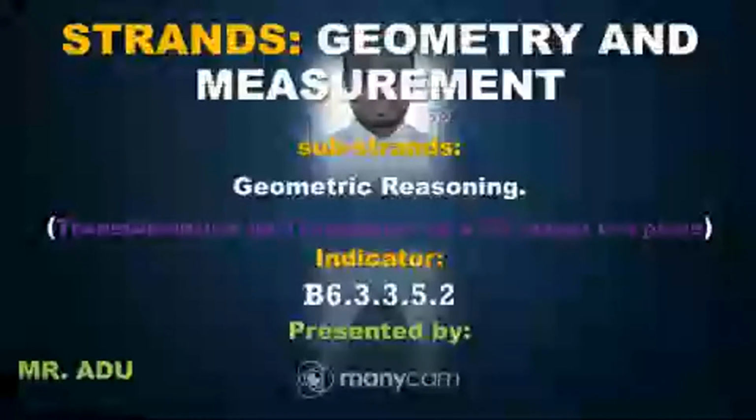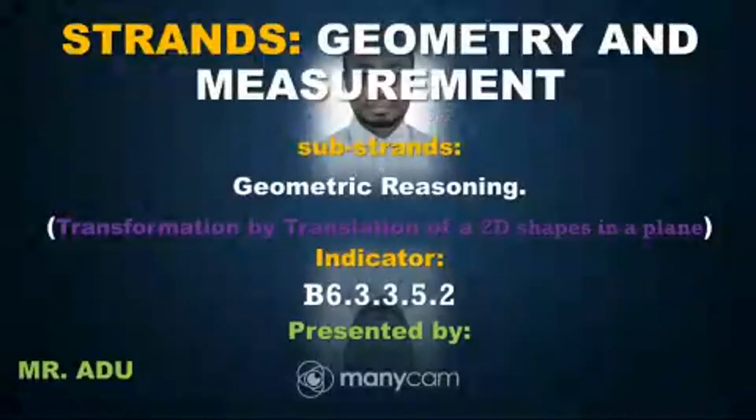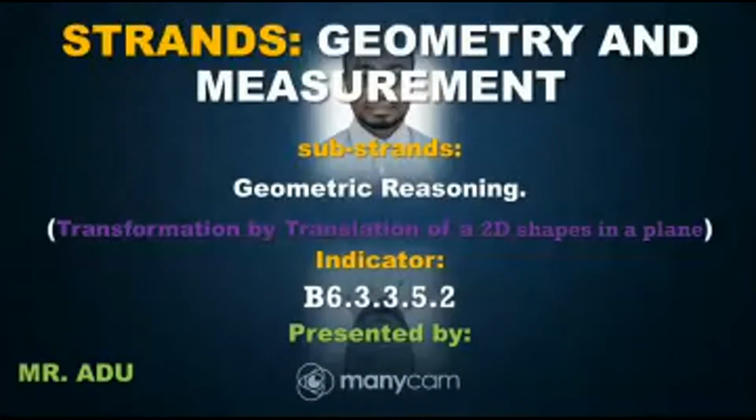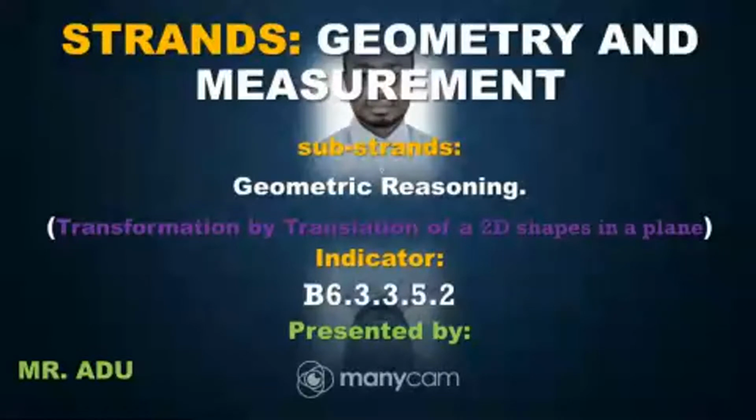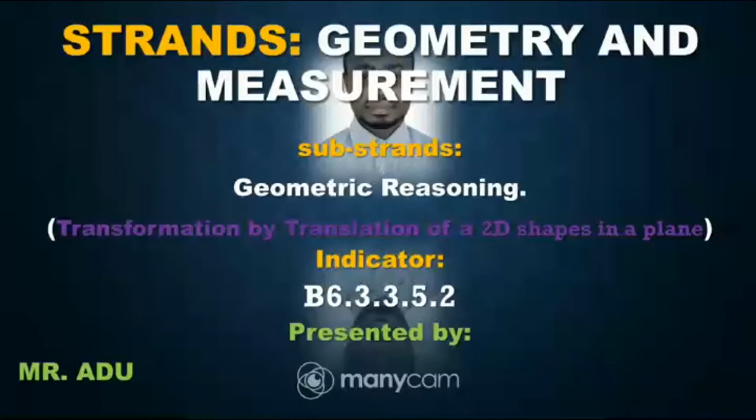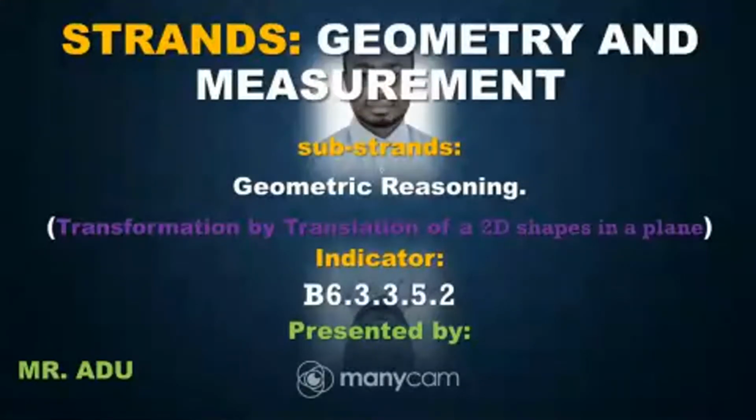Good day, student. I hope you are doing great. Today, the coordinates for R prime, that's the images. So you write measurements. Our substance will be geometric reasoning, and under the geometric reasoning, you are going to talk about the transformation.